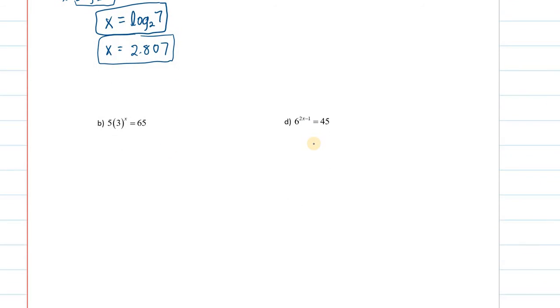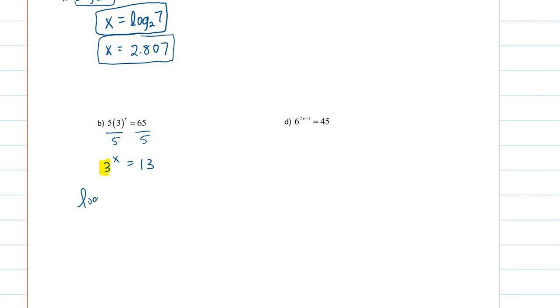Moving downward, if I go to B, I'm going to start by simplifying as much as I can. So I'm going to divide by 5 on both sides. I now get 3 to the x equals 13. Again, I have a variable in the exponent, and I need to get the variable out of the exponent in order to solve it. So I'm going to take the log of both sides. In this case, the base is going to be 3 because the base here was 3.